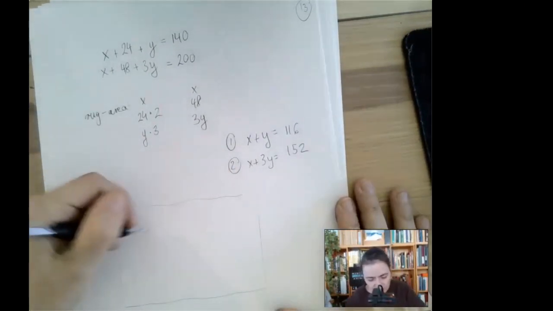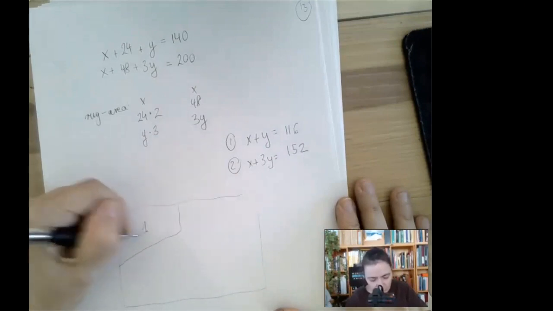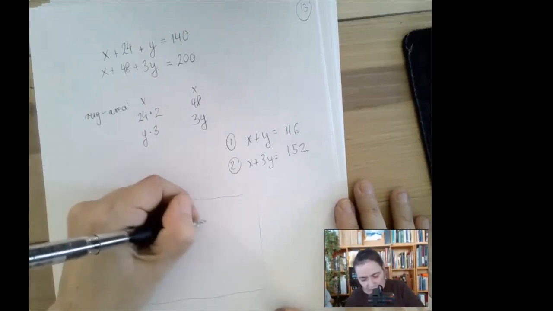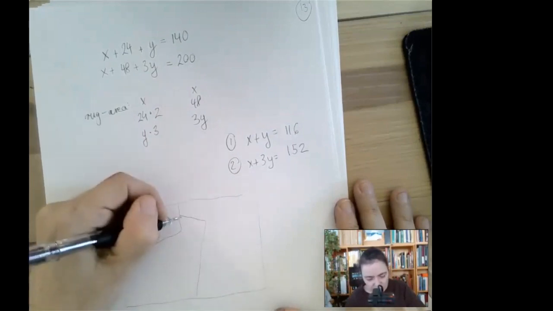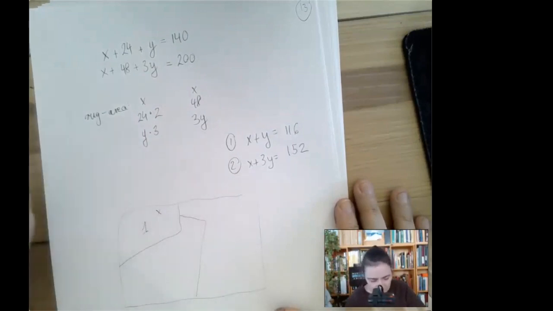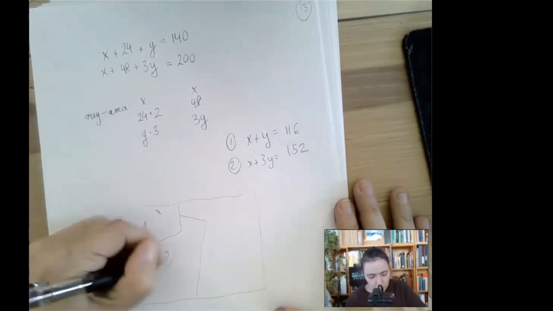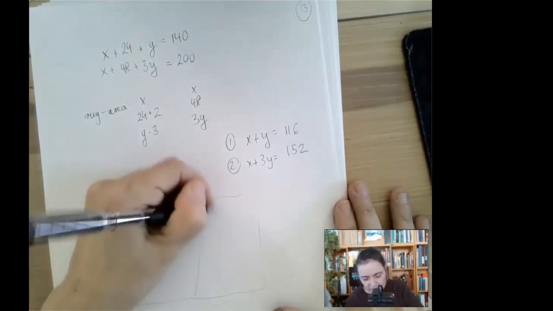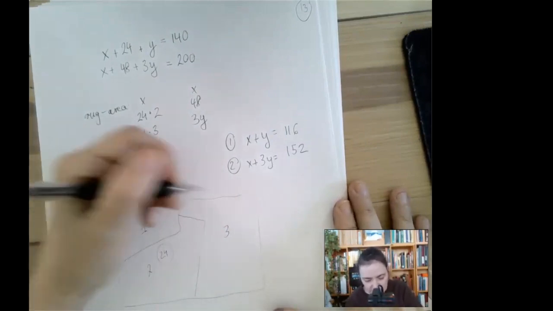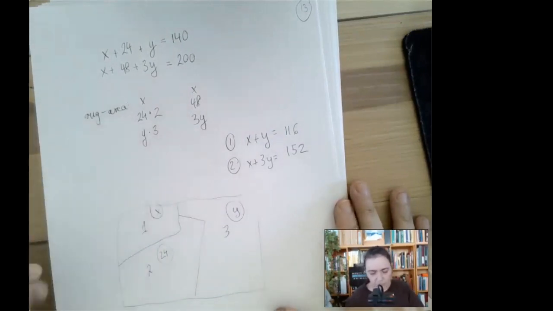So suppose this part is covered with one rock, and this is what we call x. And this part is covered with two rocks. Really weird picture, but that's 24. We know this is 24. And then this part is covered with three rocks. And this is what we call y.